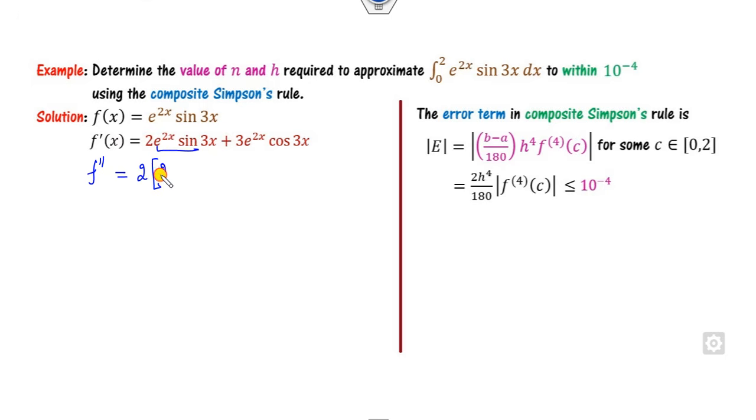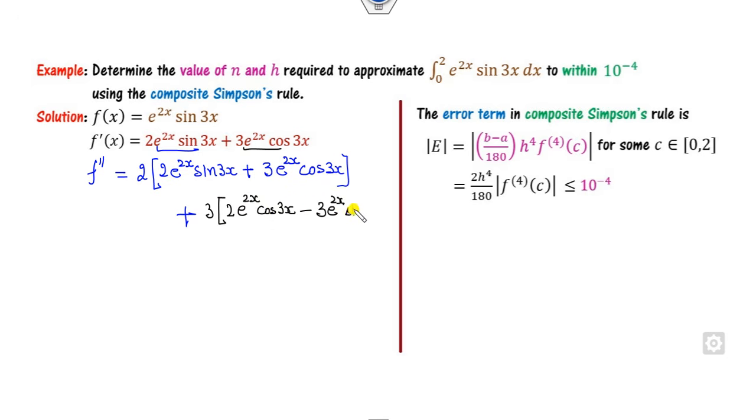So it is 2 times e raised to power 2x times (2 sine of 3x plus 3 cos of 3x), plus, for this part with 3 outside, 2 times e raised to power 2x cos of 3x minus 3 times e raised to power 2x sine of 3x. Now I can make the pair.